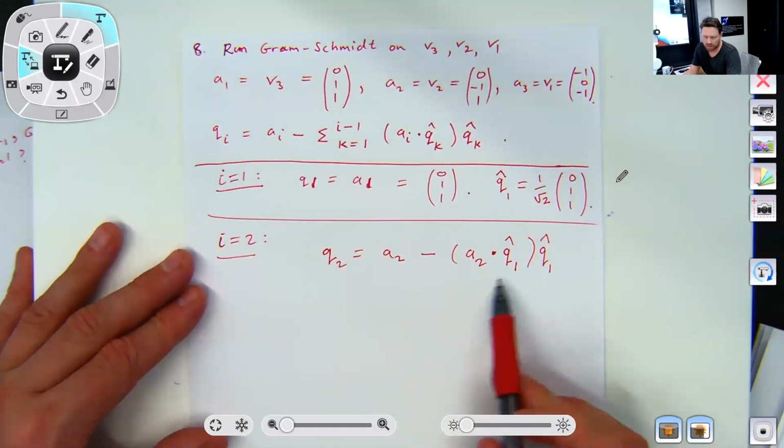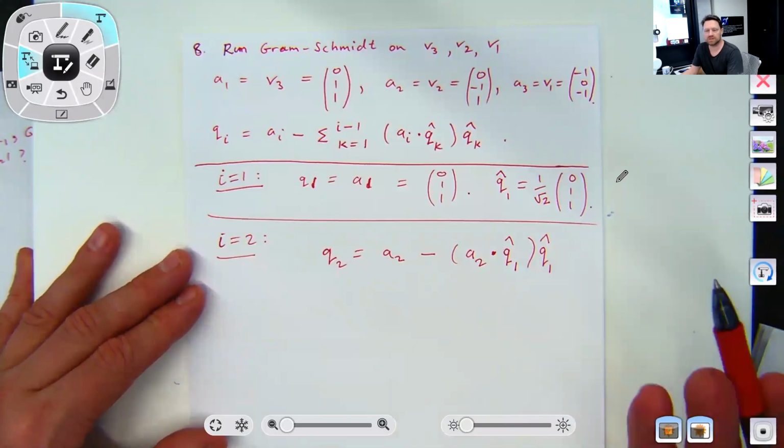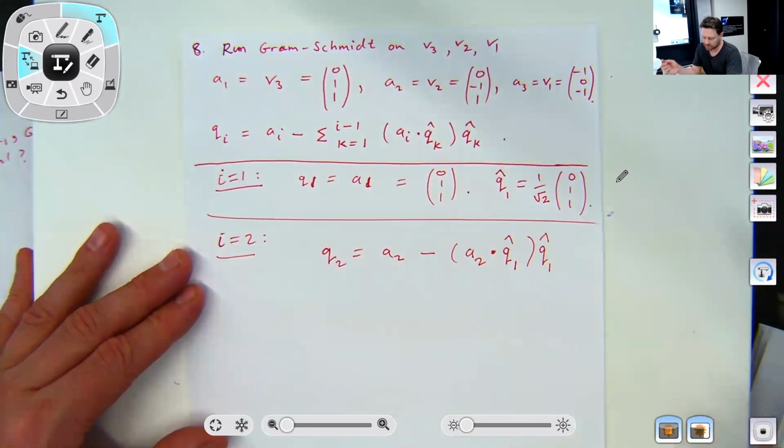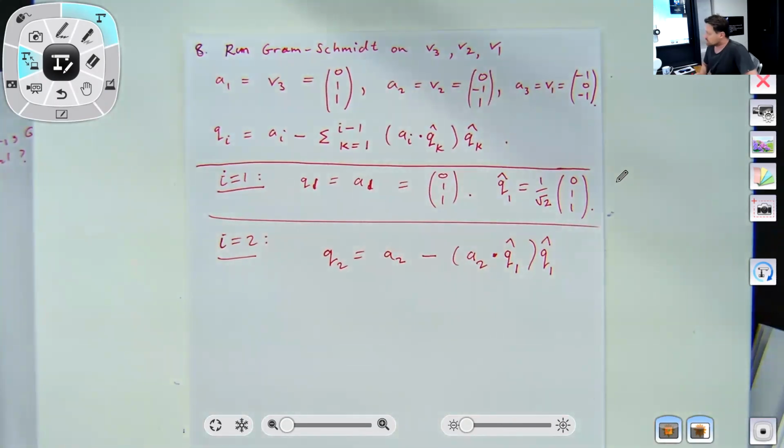Right, so I'm taking dot products here in my formula, but of course you can do this with matrix products, right? You just transpose the first one, multiply by the second vector, and that's the same thing as taking the dot product.